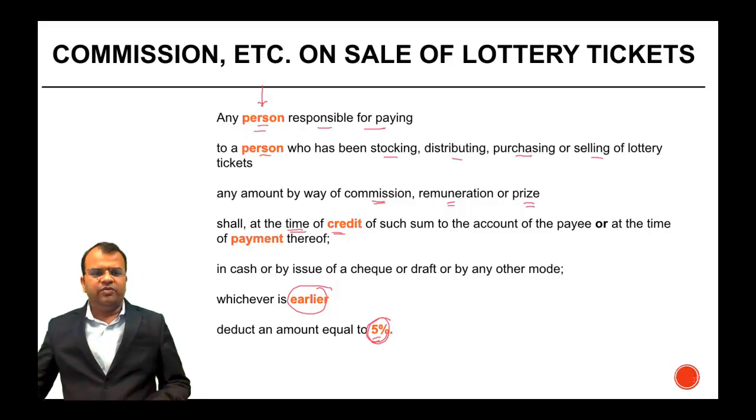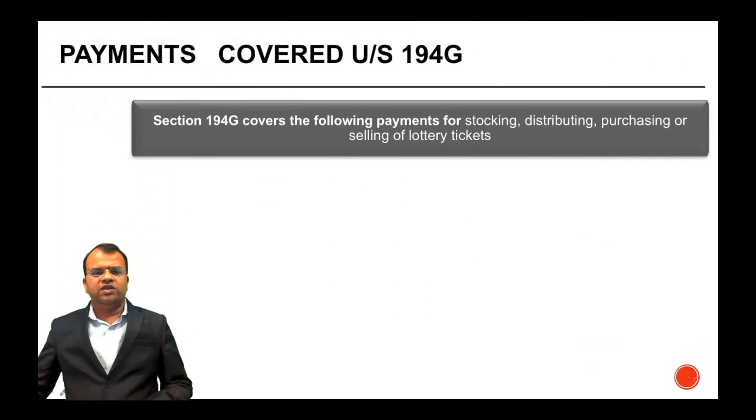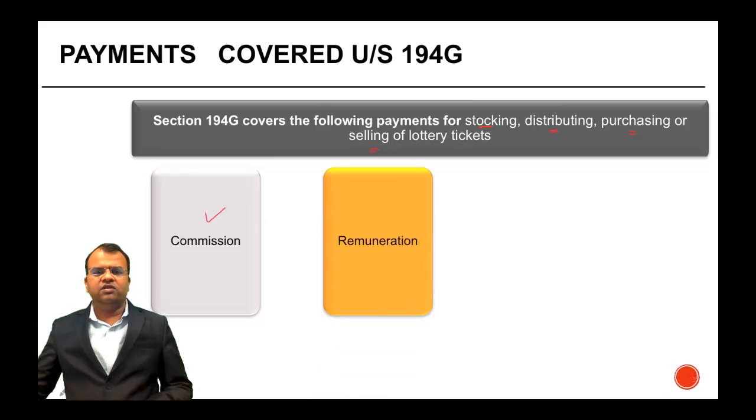Let's break this down into various provisions. So which are the payments which are covered under section 194G? The payments covered are in respect of stocking, distributing, purchasing or selling of lottery tickets. The payment can be made either by way of commission, remuneration or price.